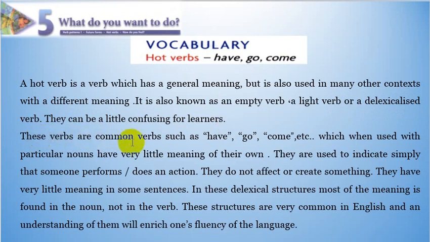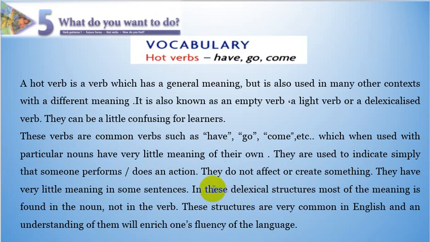These verbs are common verbs such as have, go, come, etc., and there are many other verbs, which when used with particular nouns have very little meaning of their own. They are used to indicate simply that someone performs or does an action. They do not affect or create something. They have very little meaning in some sentences.